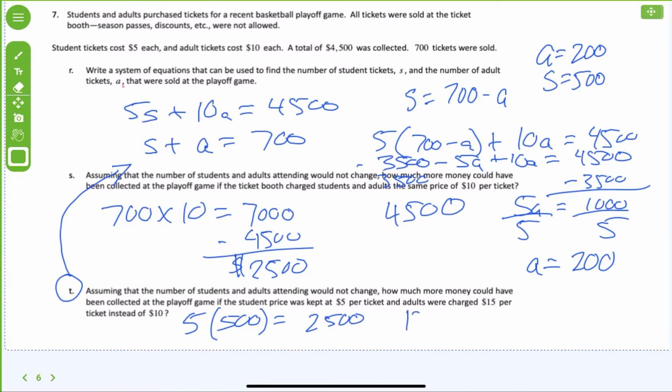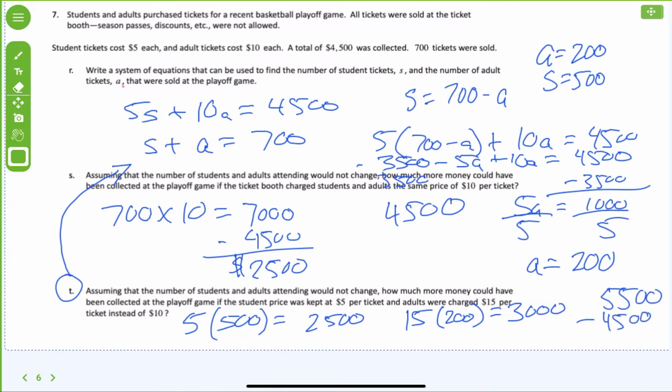Now we have 15 times our A, which is 200. What's 15 times 200? Well, that would be 3,000. If you add that together, that's going to be 5,500.